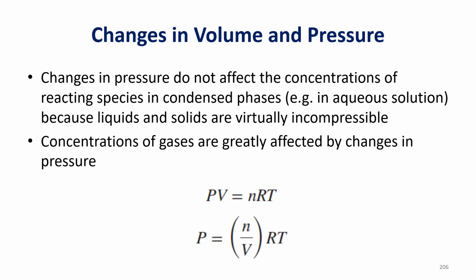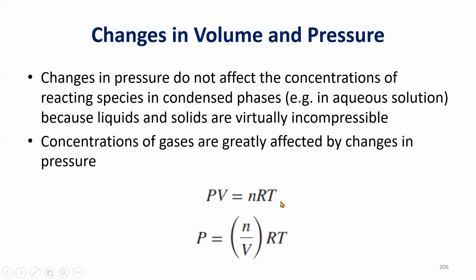So therefore, it does not affect the equilibrium that exists for such a reaction system. But if you're dealing with gaseous species, or an equilibrium that involves gaseous species, changes in pressure will greatly affect the concentration of gases.